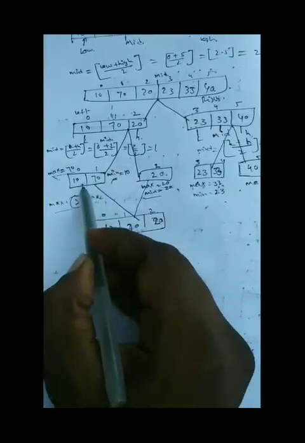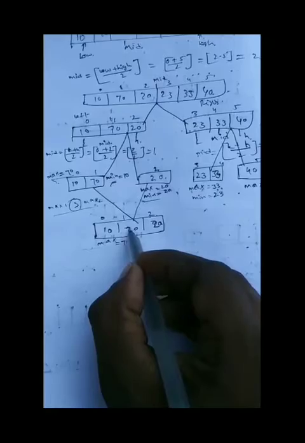Whichever is greater is selected for this list. Max 1 has the greater value, so we take that as the max for this obtained list. Next, the minimum of the list. The minimum from this sublist is 10 and from the other list is 20.